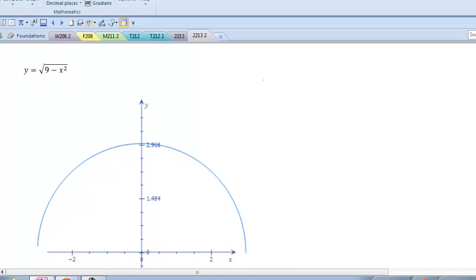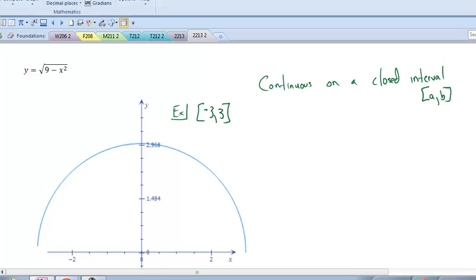So, what if we want to be continuous on a closed interval AB, which in this case, for this particular problem, would be the interval from -3 to 3, this being half of a circle.